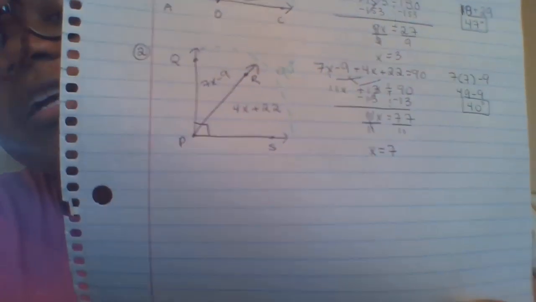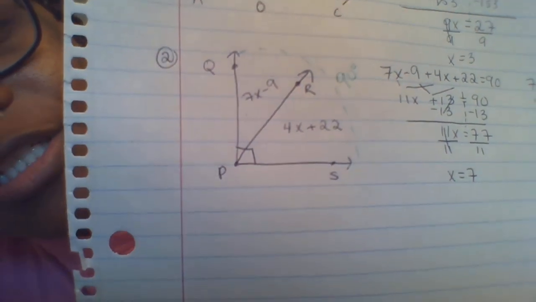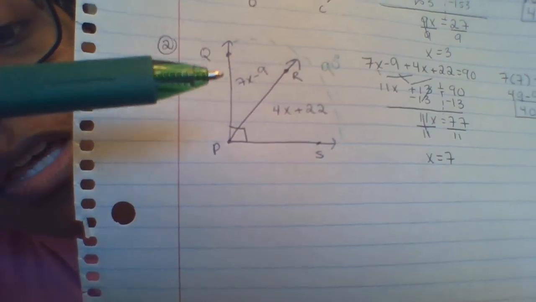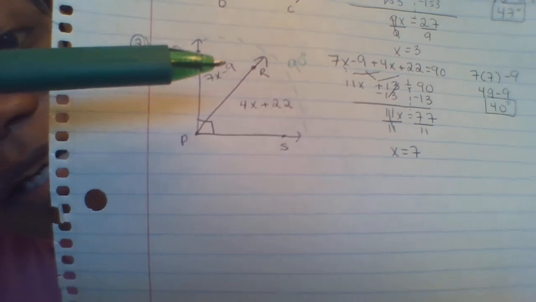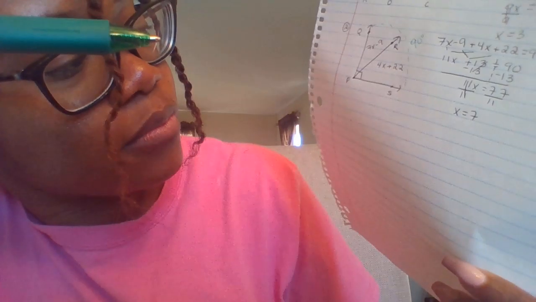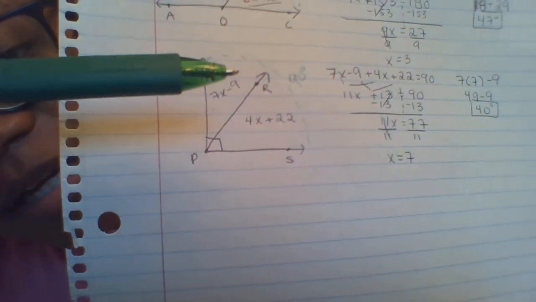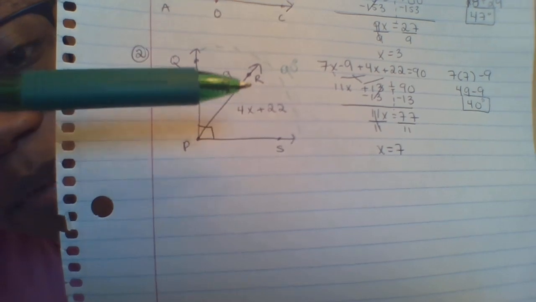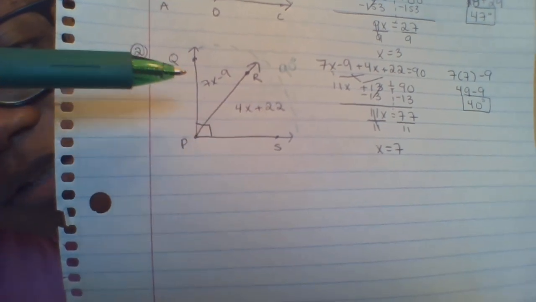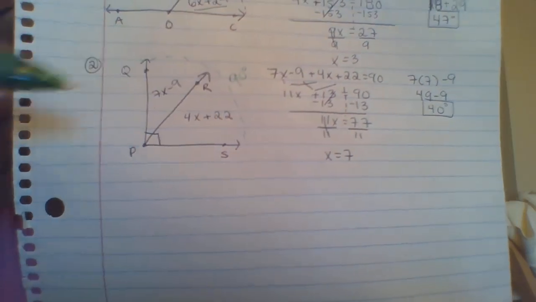So I drew it out to physically place in the information that they're giving us about the expressions. So again, they told us the whole thing, QPS, was 90 degrees. This part, QPR, is 7x minus 9, and this part, SPR, is 4x plus 22. So remember, this angle plus this angle has to equal this whole thing, which is 90 degrees.